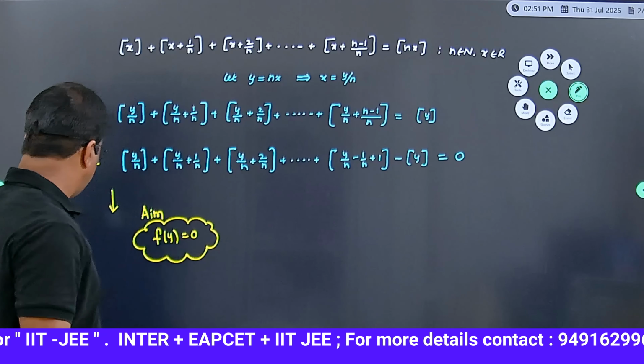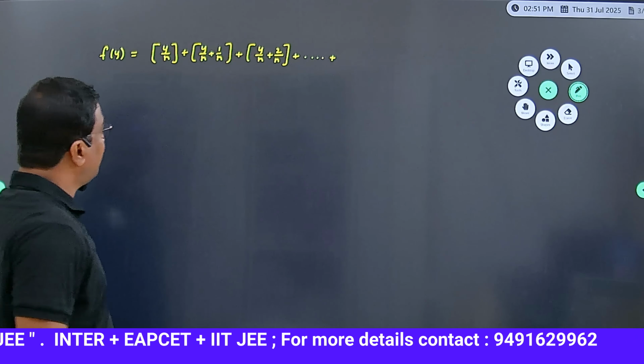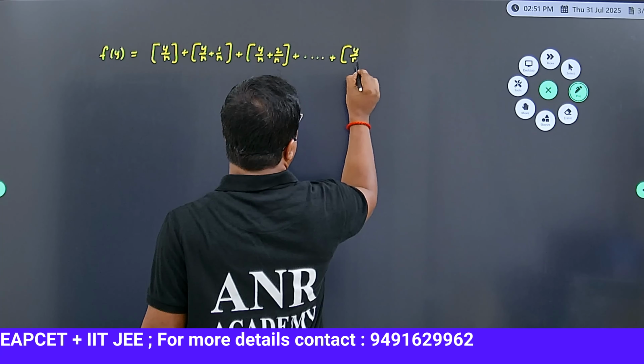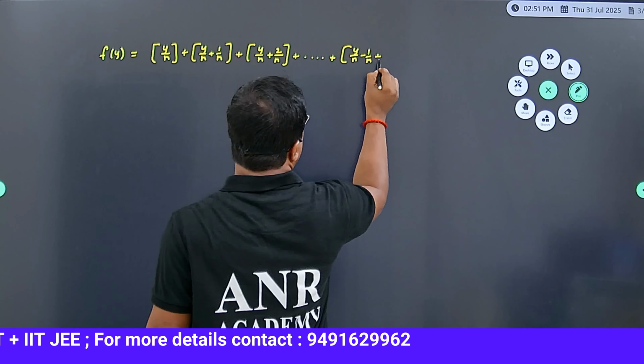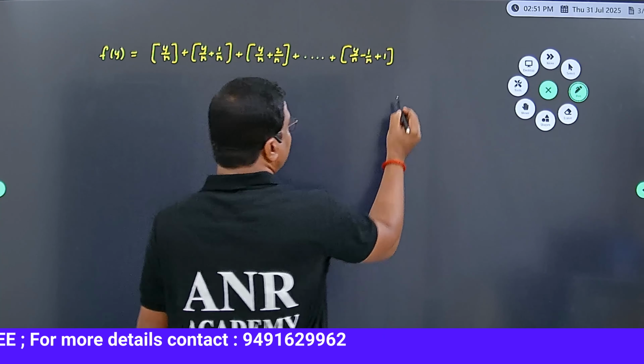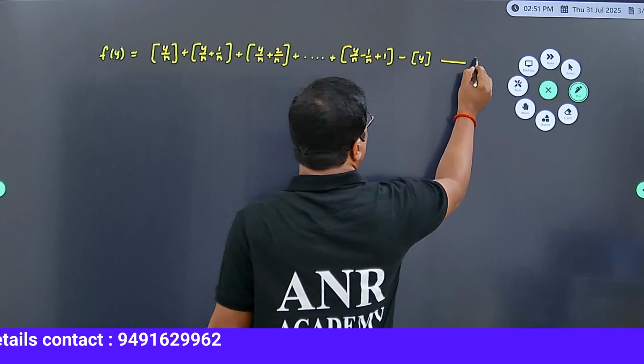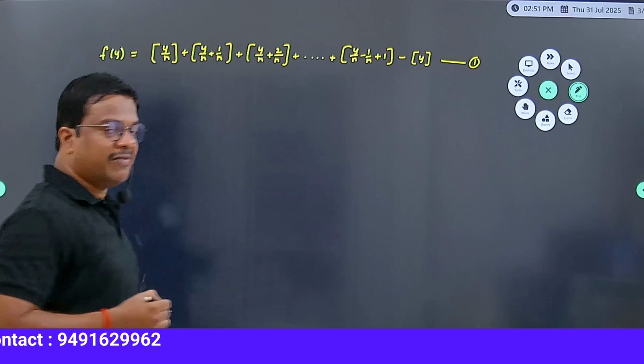This one, floor of y by n plus n minus 1 by n, minus floor of y. This is f of y.